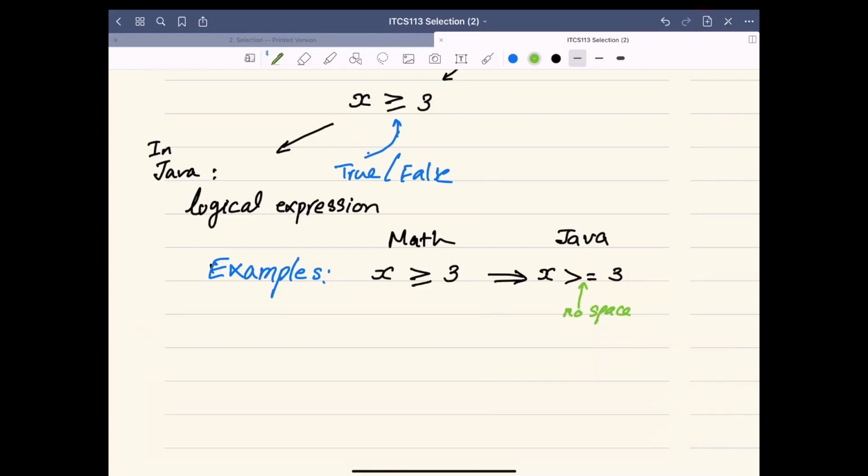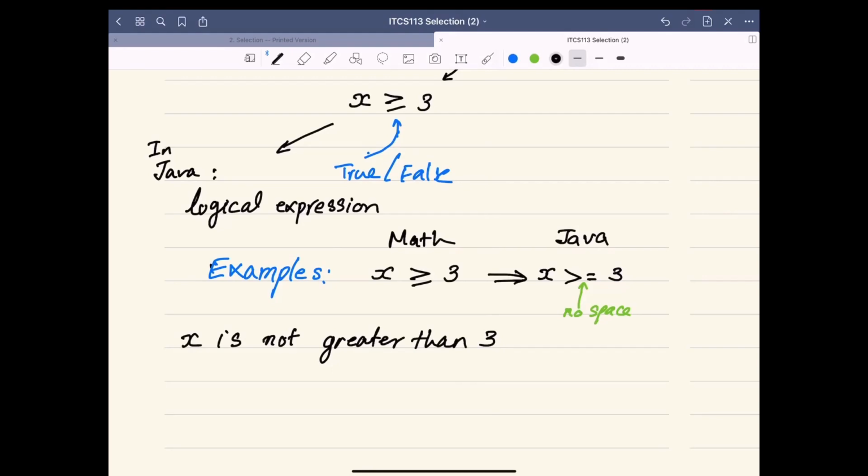For example, in mathematics, we say x is not greater than 3.